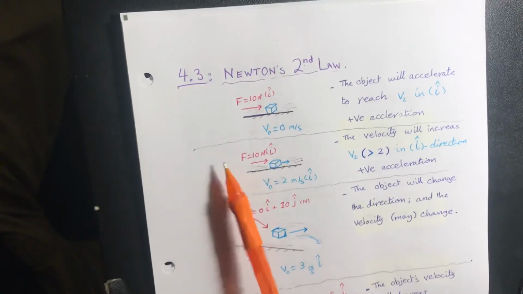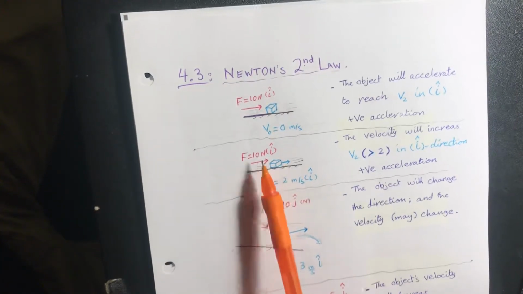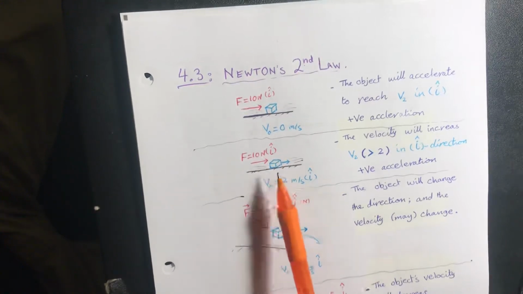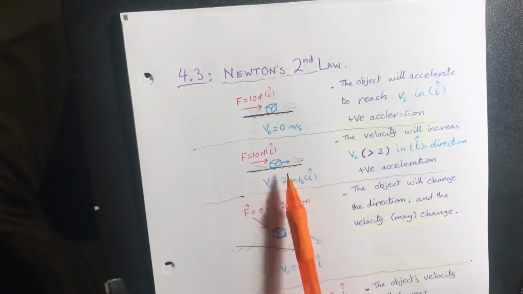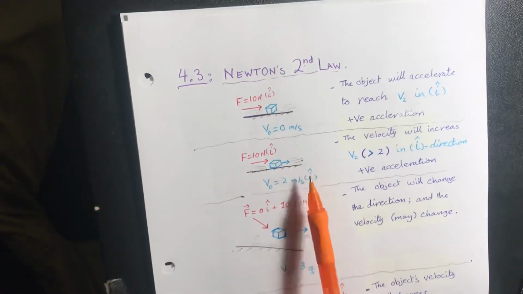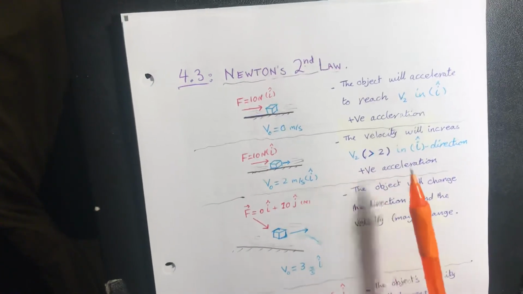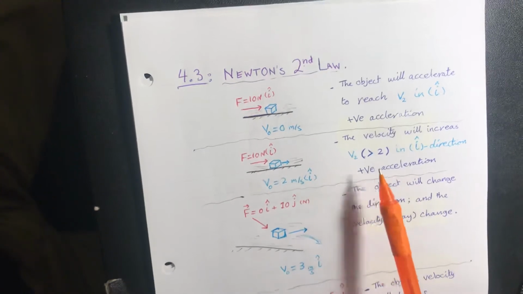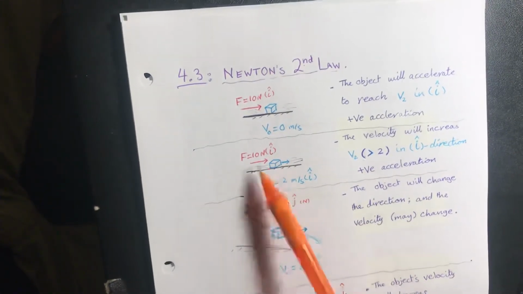If we have a body moving at a certain velocity and we have an applied force, we expect that this object will increase its velocity. Its velocity will be bigger than 2 later. Then also we have positive acceleration, and this acceleration is in the direction of that force.